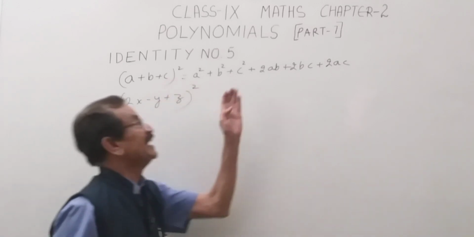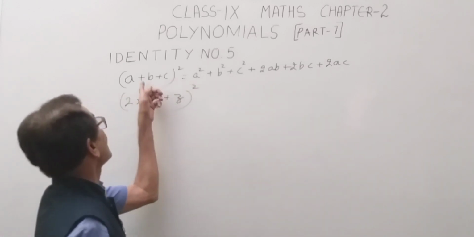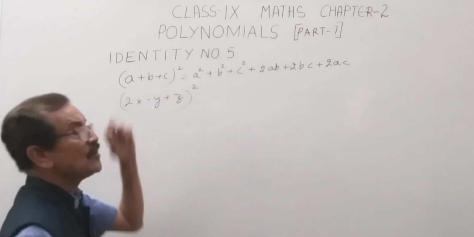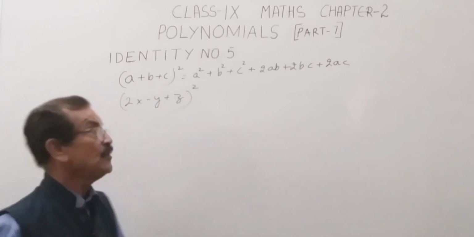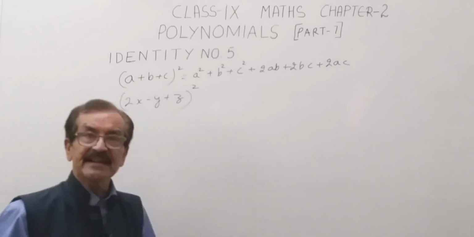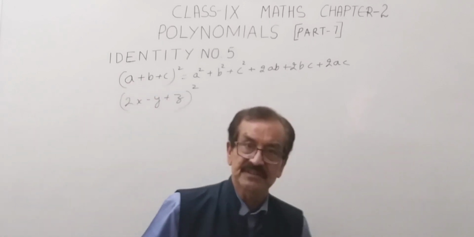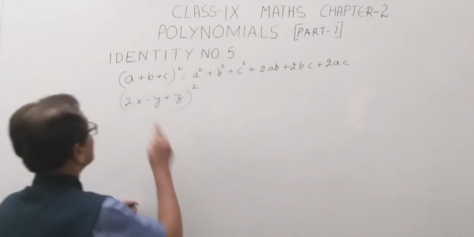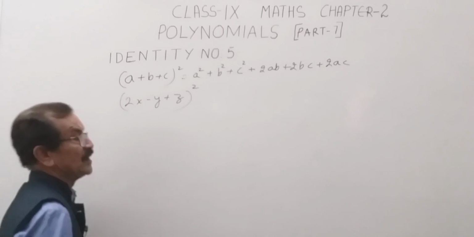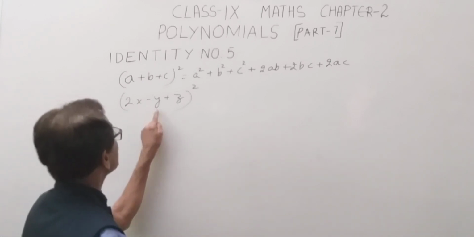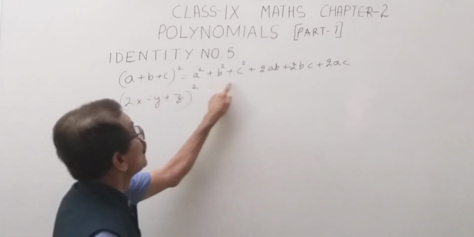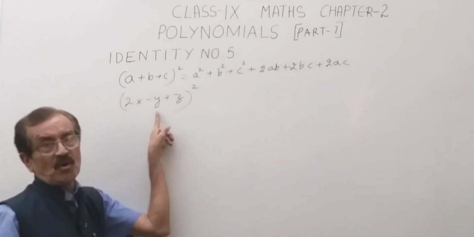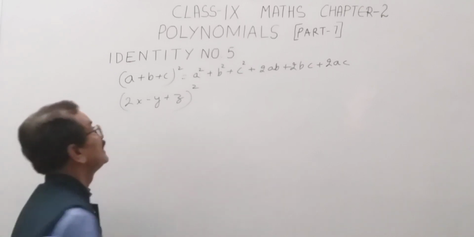Do we learn another identity when one of the terms is negative, then another identity when two of the terms are negative, or when a and c are negative? That becomes a very lengthy procedure. No, we will go for only a single identity, a plus b plus c whole square. However, whenever we are getting this term b, we will be writing the actual negative value of this term. So let's see how.